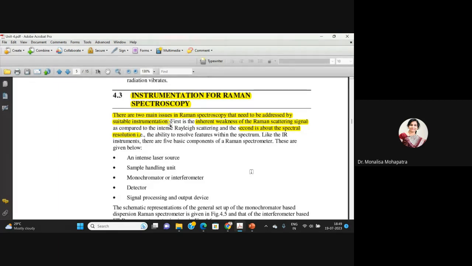Suppose today I am using a Raman spectrophotometer and I encounter certain problems in analyzing the spectra. Then I report to the instrumentation company, they study it in their R&D sectors, and then improve the spectrophotometer with suitable instrumentation.